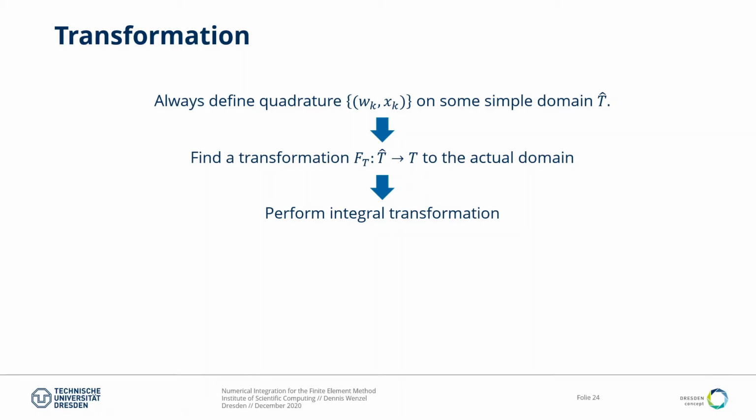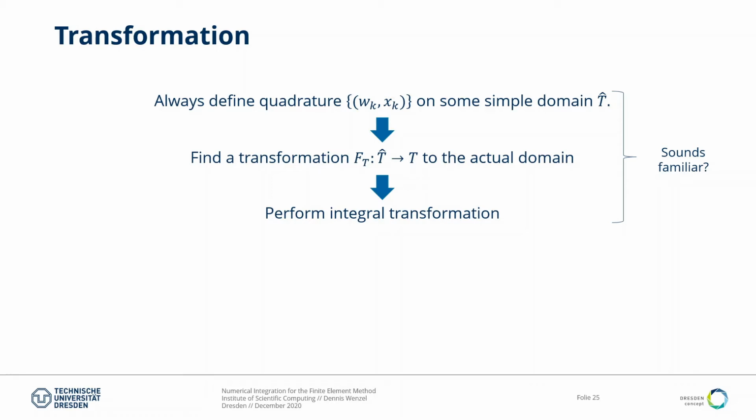And while I've said this, probably most of you have been thinking, well, this does sound kind of familiar. This does sound like the whole stuff that we've been doing in FEM with basis functions and so on. That's the same motivation we talked about. We want to define our basis functions only on a simple domain and then find a transformation, which we call the reference map, and then we transform the stuff.